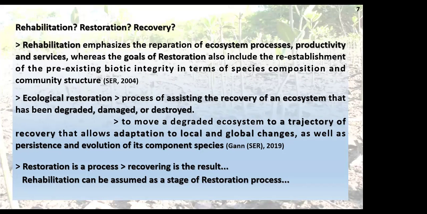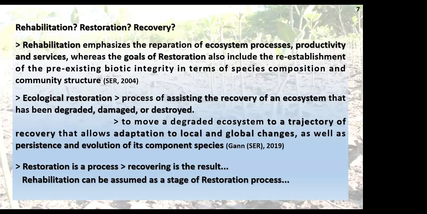When we talk about restoration jargon, we use several terms indistinctly, but they mean different things. Let's talk about rehabilitation, restoration, and recovery terms. Rehabilitation stresses the reparation of ecosystem processes, productivity, and services. Restoration is different.